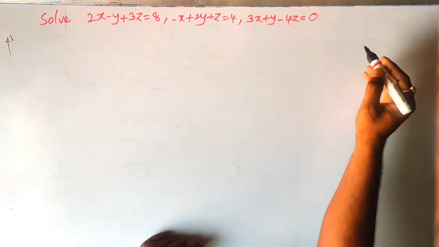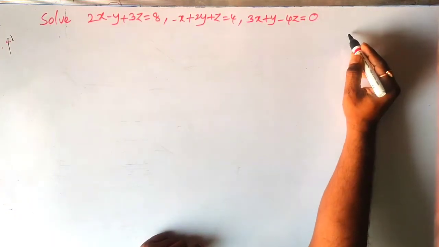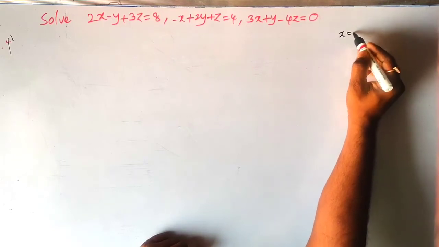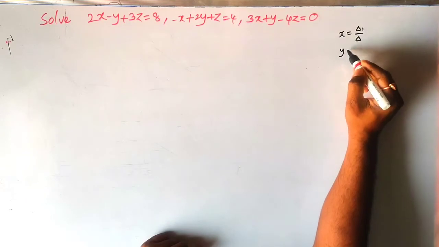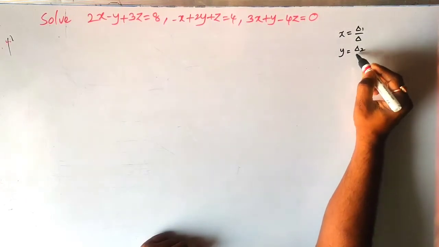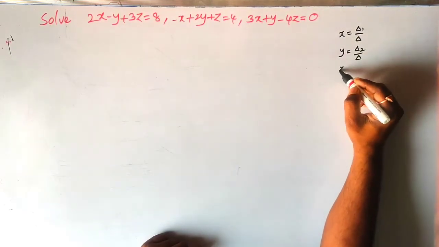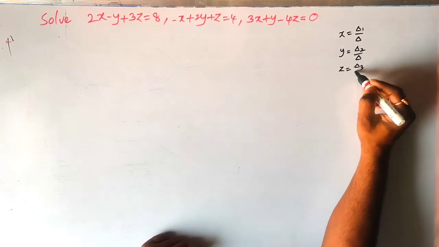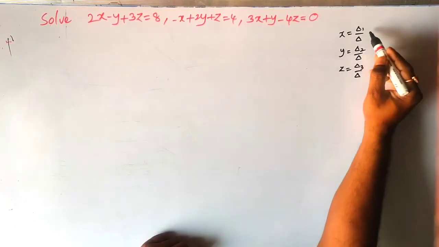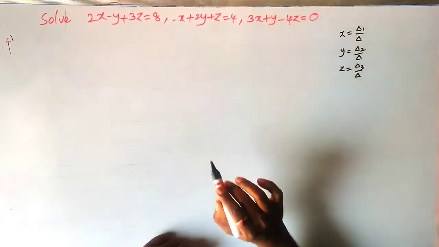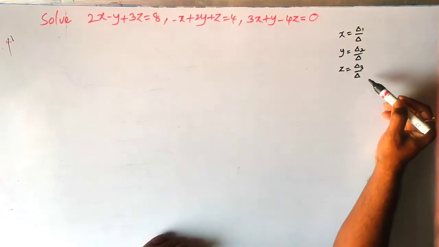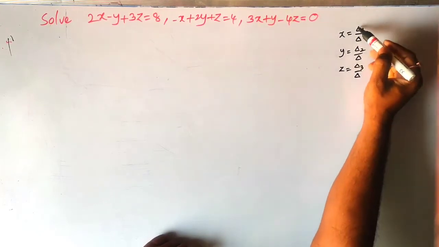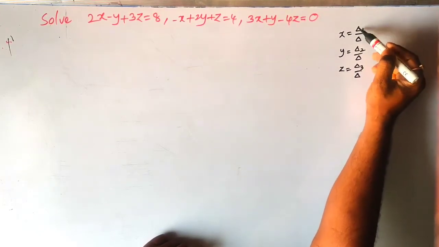That is nothing but x equals delta 1 by delta, y equals delta 2 by delta, z equals delta 3 by delta. So this is the solution of the given equation. Delta, delta 1, delta 2, delta 3 are determinants of the given matrix.